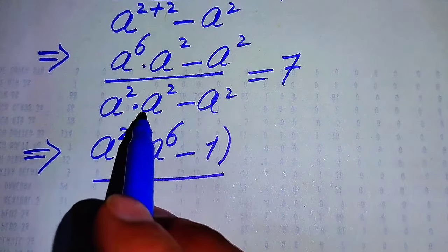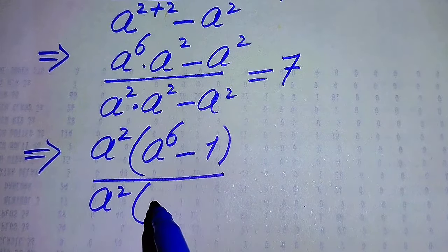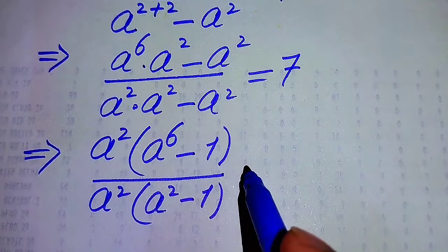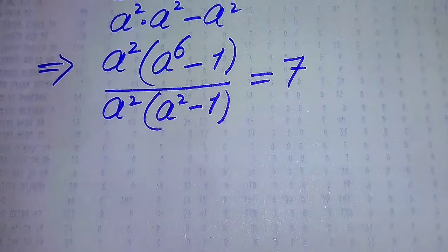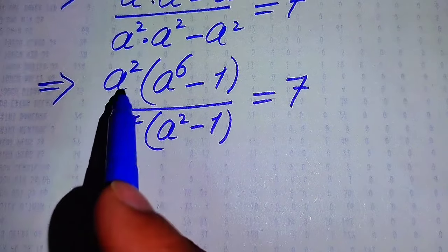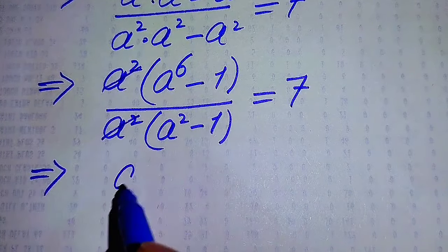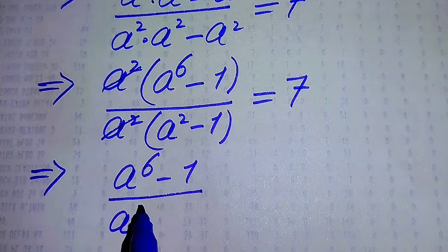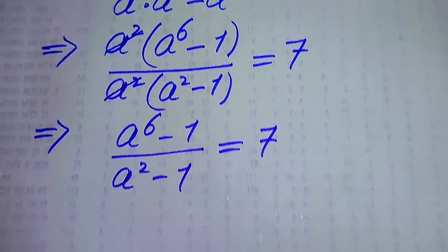In the denominator, again a squared is the common term, and when we take a squared common we get the remaining values a squared minus 1, equals 7. Now you see that this a squared and this a squared cancel out each other, and we get a to the power of 6 minus 1, divided by a squared minus 1, equals 7.